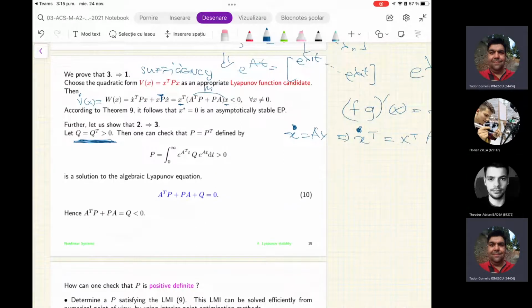So one can check that P equal P transpose, defined by this matrix, is a solution of this Lyapunov algebraic equation.